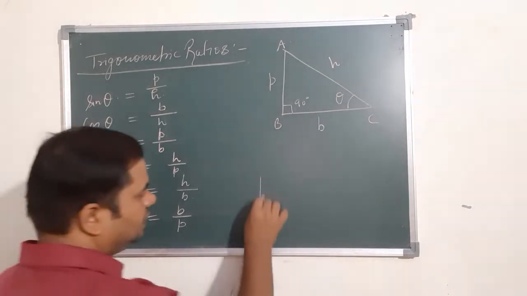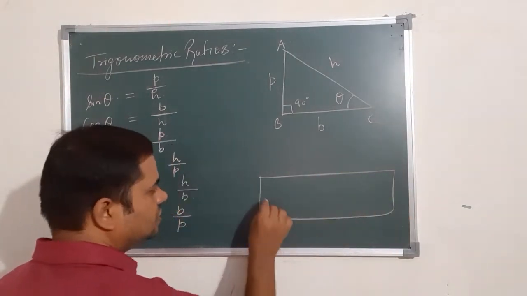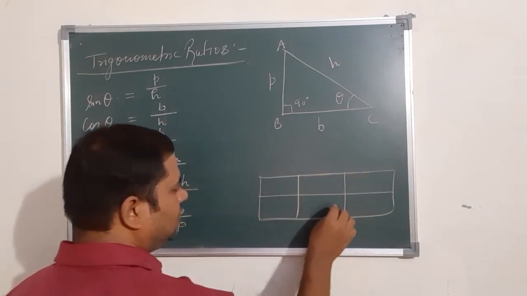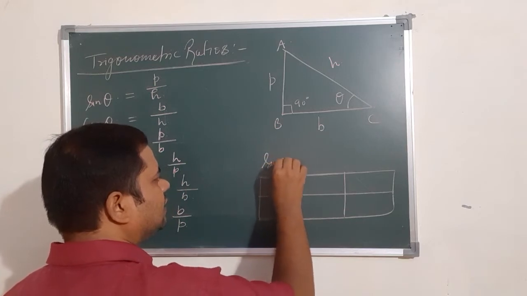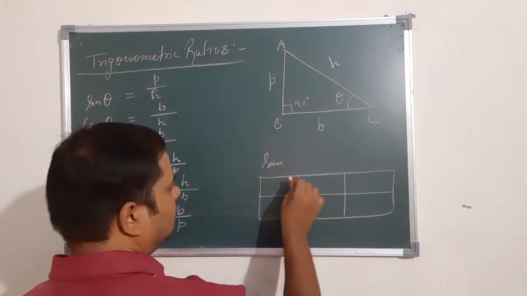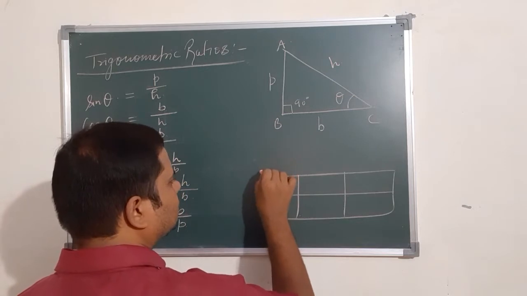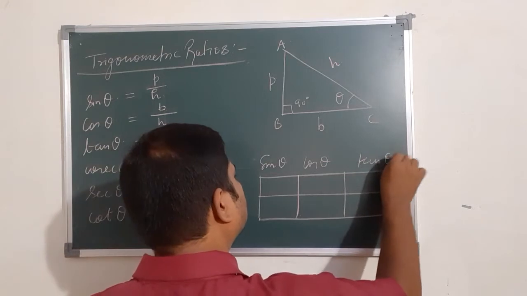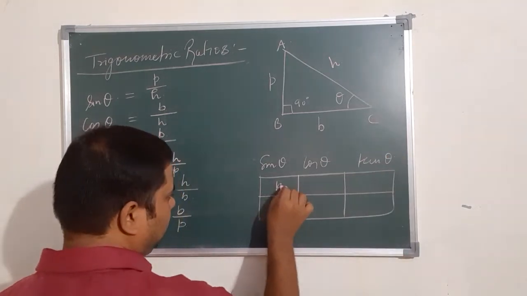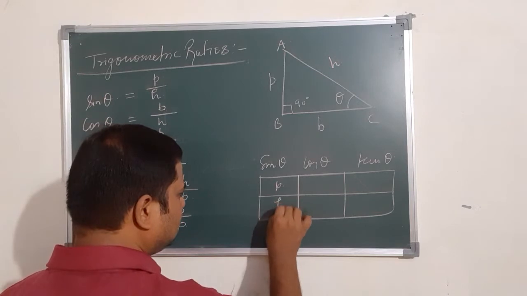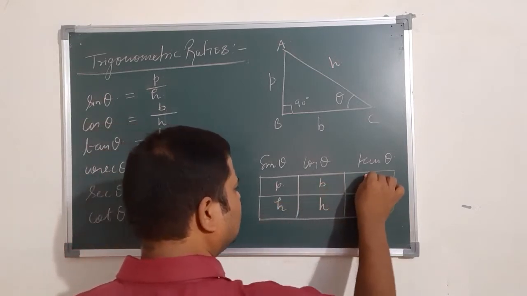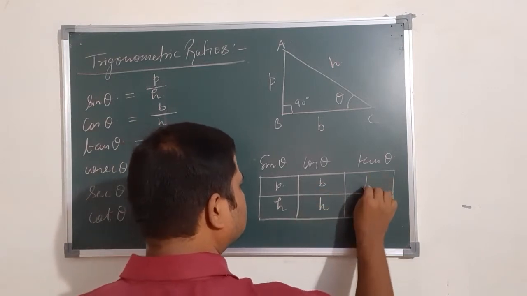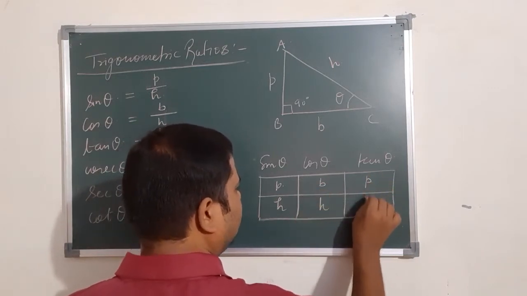So if we see here, these are the easy terms in which we learn simply. This is sin theta, cos theta, tan theta: perpendicular upon hypotenuse, base upon hypotenuse, and perpendicular upon base.